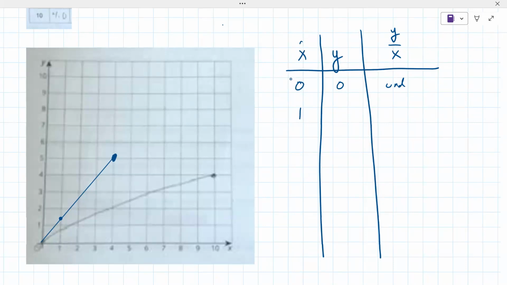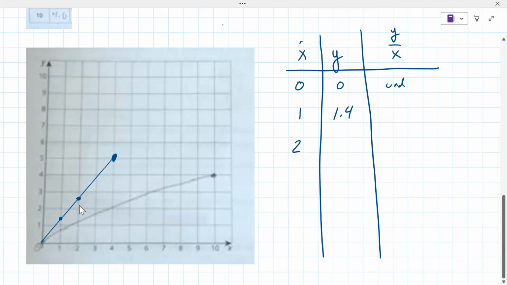1.4? Yeah. Okay. And how about here at 2? What would you estimate the Y value to be? 2.2.